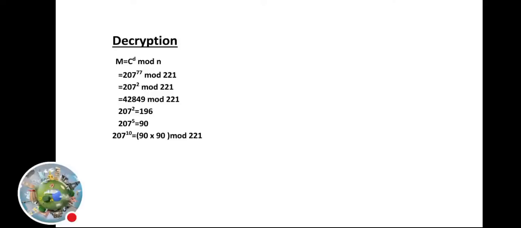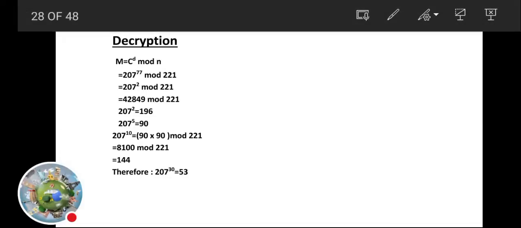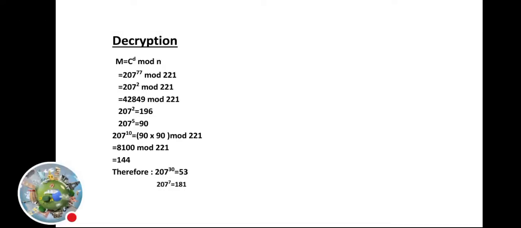207 to the power of 10 equals 90 mod 221. So the answer will be 144. Therefore 207 to the power of 30 equals 53. 207 to the power of 7 equals 127. So we can write this as 207 to the power of 30 into 207 to the power of 30 into 207 to the power of 10 into 207 to the power of 7 mod 221.